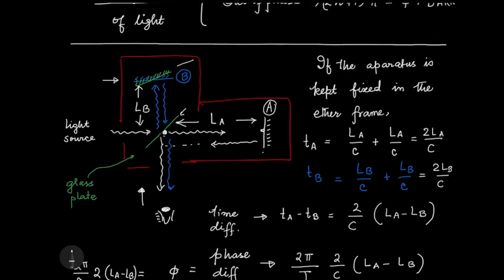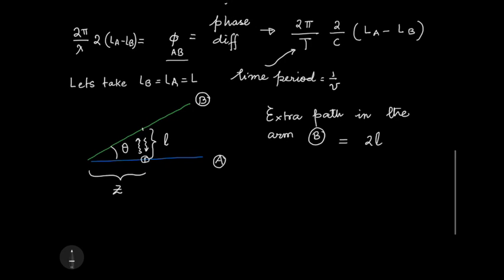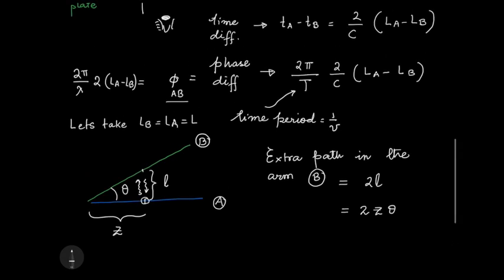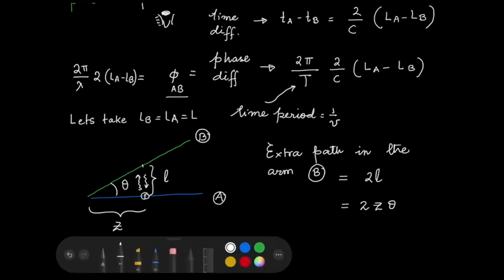You remember that this is the mirror which is tilted now. Because of that tilt, it is traveling an extra path. And you see that this path depends on Z. If theta is very small, L is essentially Z times theta. So now when I calculate the time taken along the arm B, T_B will change.